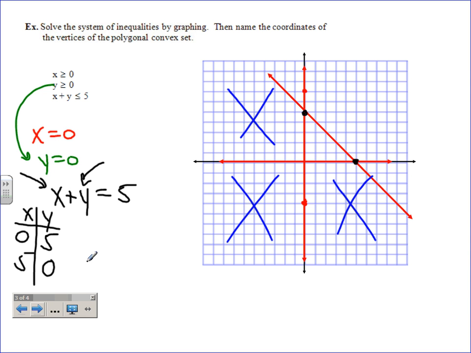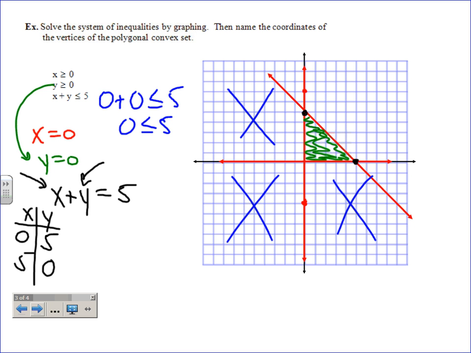So let's go ahead, try 0, 0. So 0 plus 0 less than or equal to 5, well, is 0 less than or equal to 5. So we know so far that it has to be first quadrant, right? So the only thing that really is left over is, I kind of sliced the first quadrant into 2 pieces, right? The outer part and the inner part there of that triangle.